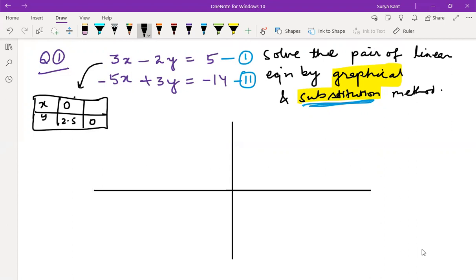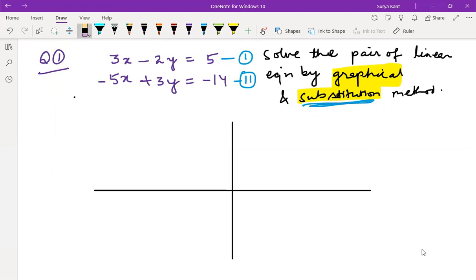Sir, 6 is on bar, so I just took it as 1.6. Then take some other value, because this is not like that. Sir, it's minus 2.5, I think. Yes, it's minus 2.5. And here, sir, if I... you didn't understand how we got minus 2.5, not 2.5.